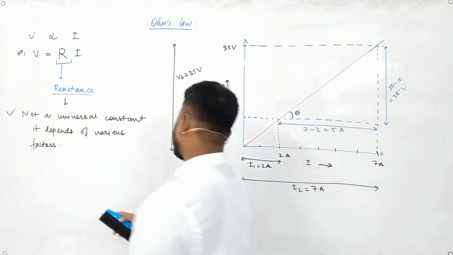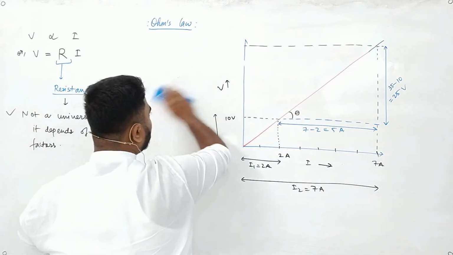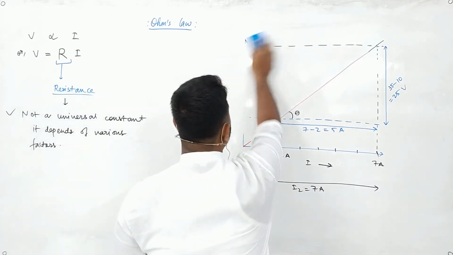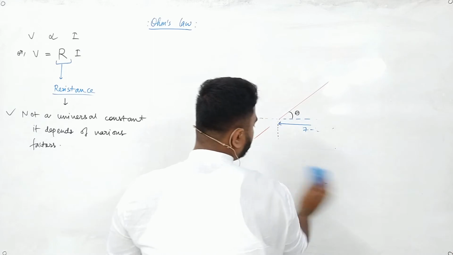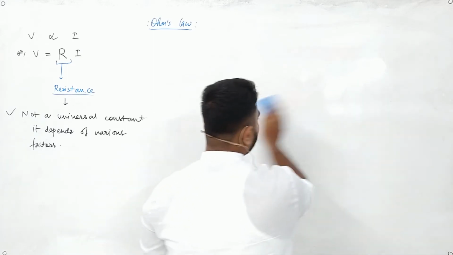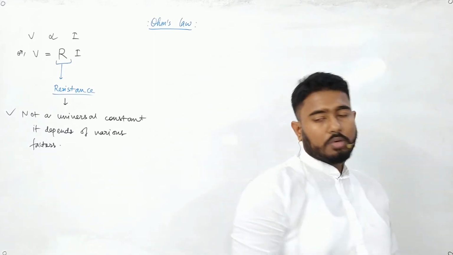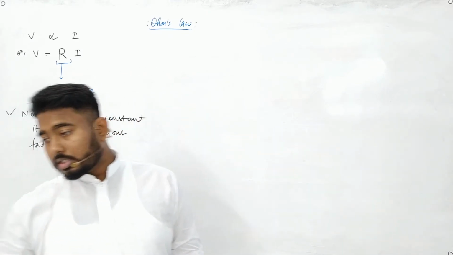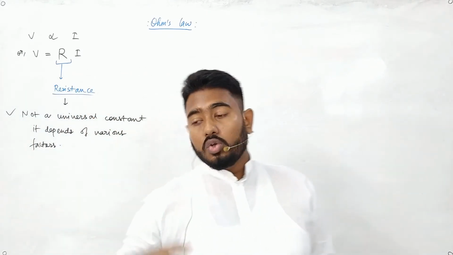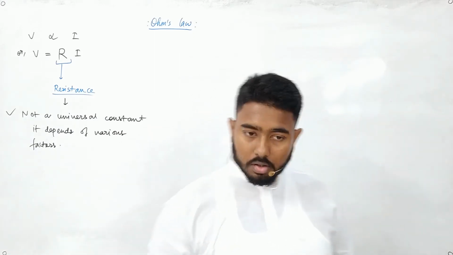Is it clear? Okay. Now we have studied this about ohmic materials. This case is only true for ohmic material. See, it's a fixed resistance in this case. But if we are using dynamic resistance, now what is dynamic resistance? I told you about non-ohmic materials like semiconductor.